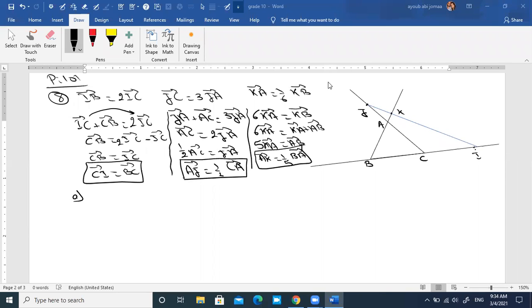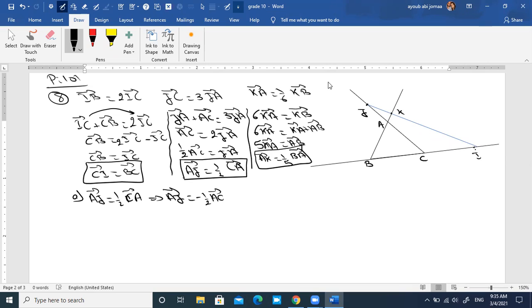Then here AJ is equal to half CA. That means that AJ is equal to negative half AC. The opposite of CA is negative AC.